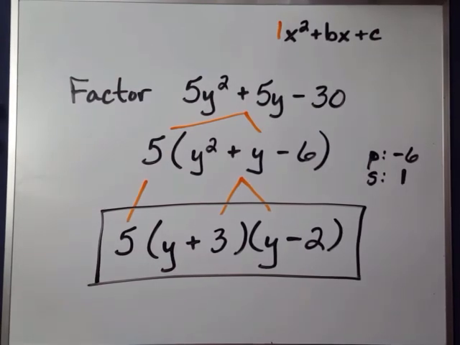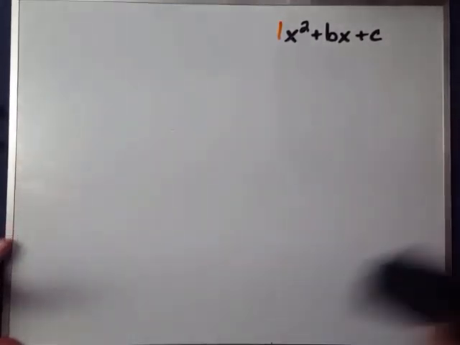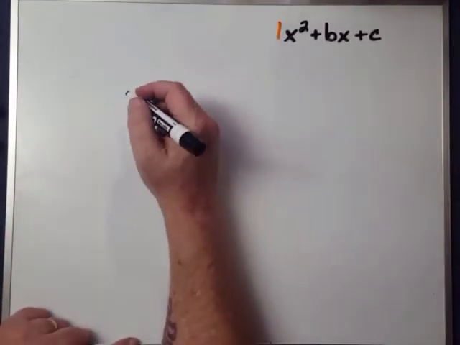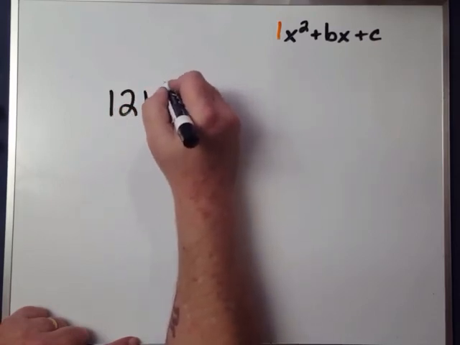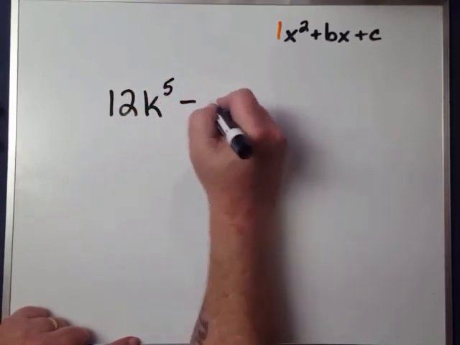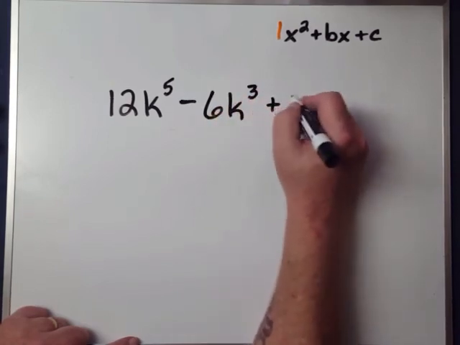Let's do another one. Number 66. Her instructions say factor completely. My instructions simply say factor. And you know that that means factor completely.